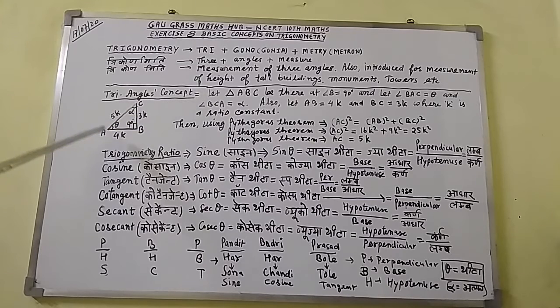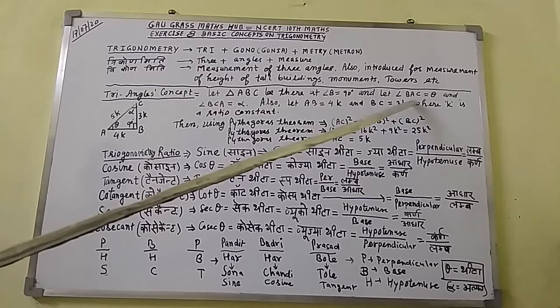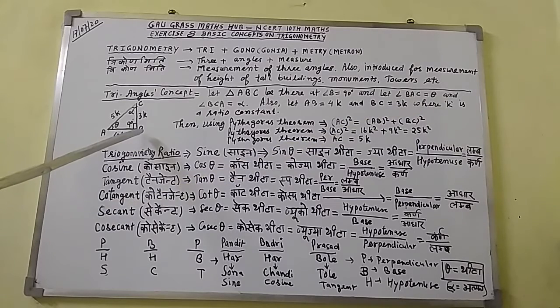Let triangle ABC be there, in which angle B is a right angle, and let angle BAC equal theta. Here you can say angle BAC equals theta and angle BCA equals alpha.